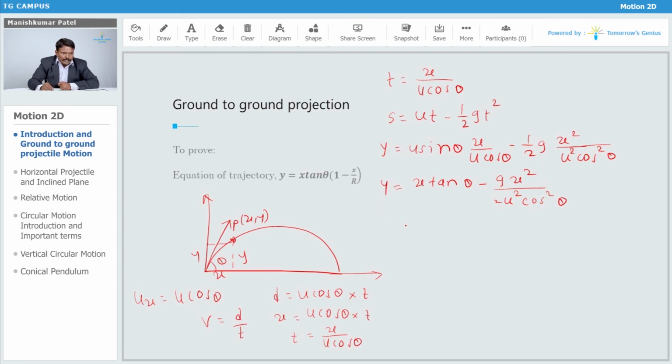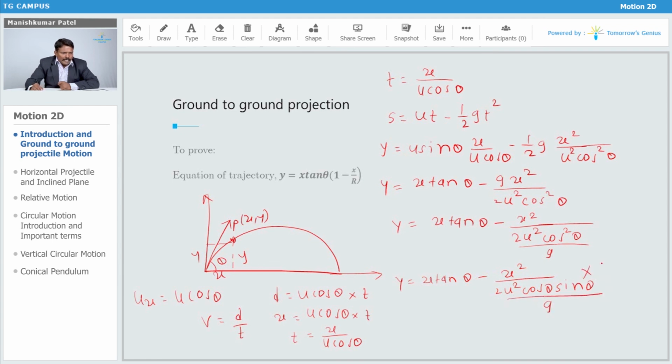Further I can do one thing. y is equal to x tan theta minus x square upon 2u square cos square theta upon g. Again y is equal to x tan theta minus x square upon 2u square cos theta into sin theta upon g. Then I will multiply and divide by sin theta and cos theta.